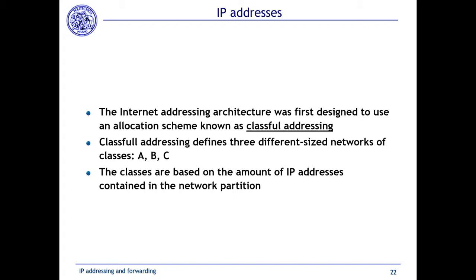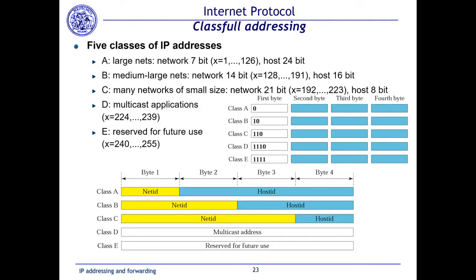So at the beginning of IP, this partition was fixed by a rigid set of rules, and networks were divided into three classes, A, B, and C. Networks belonging to each class had a different length of the network prefix.